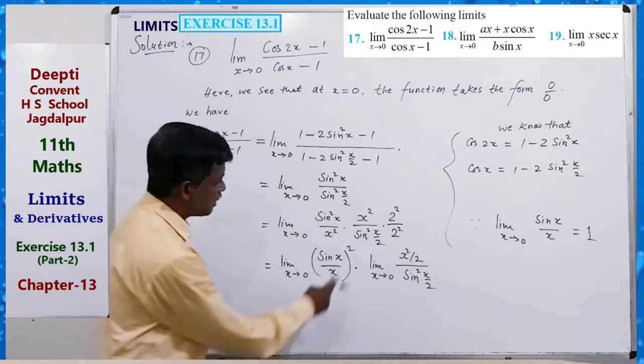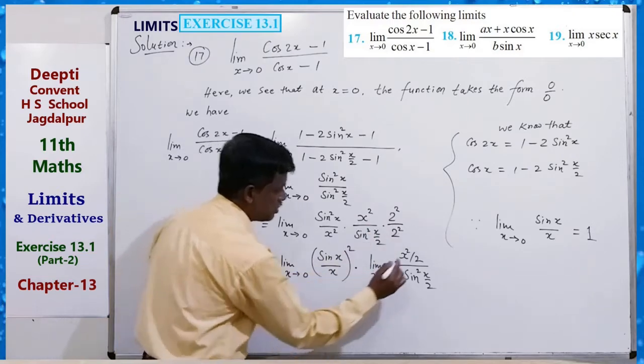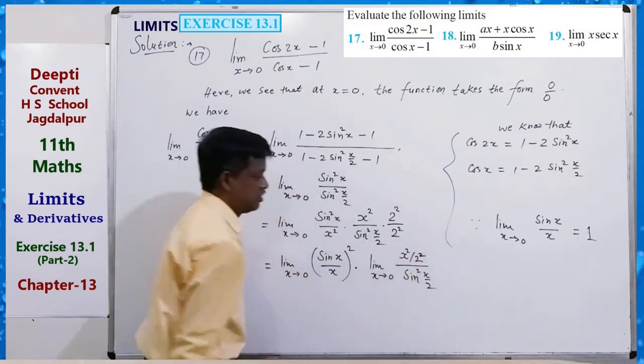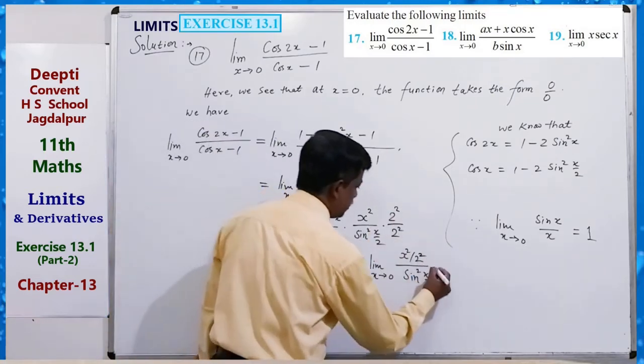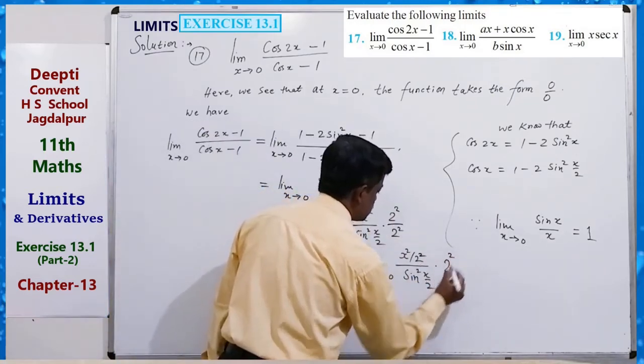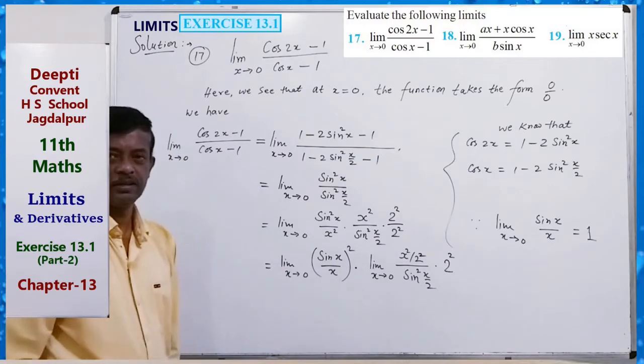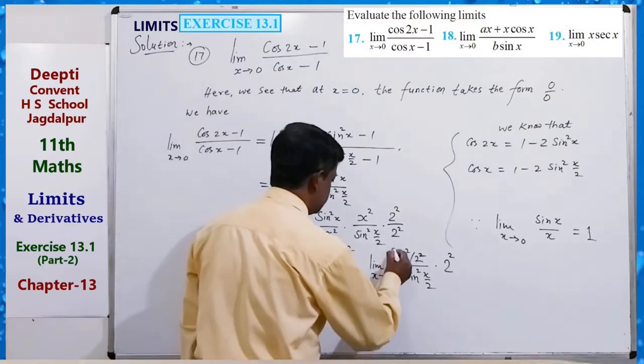So x square by 2 square, and we have 2 square also.